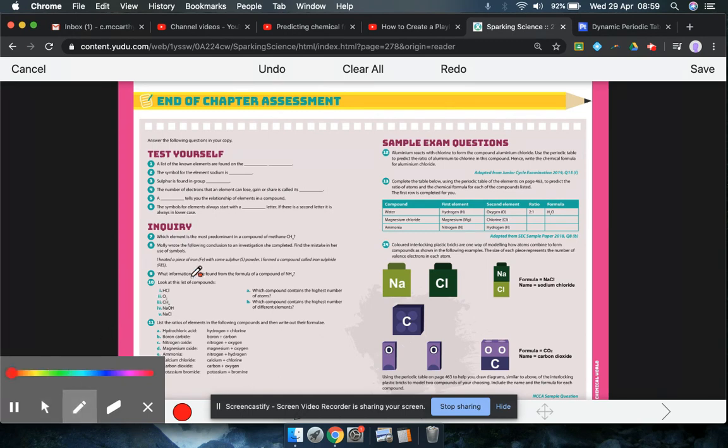If we look at this question here: which element is the most predominant in the compound CH4? Predominant means that it is the most widely found atom in this compound. The other day we looked at chemical formula, and we said that there are certain conventions that we use.